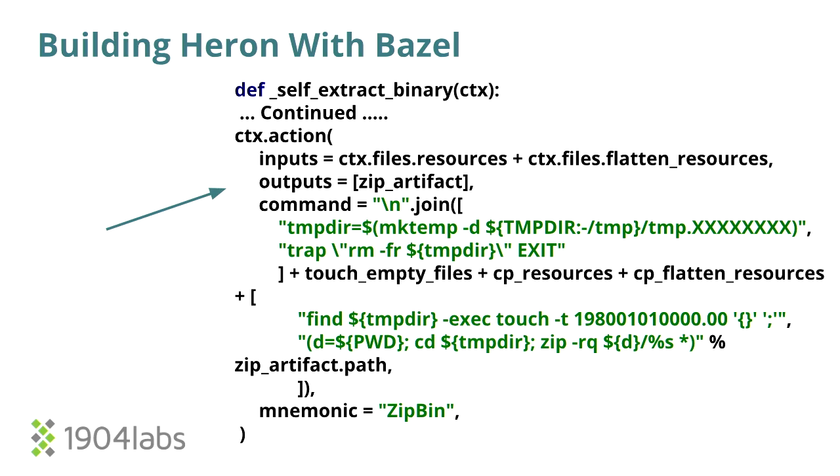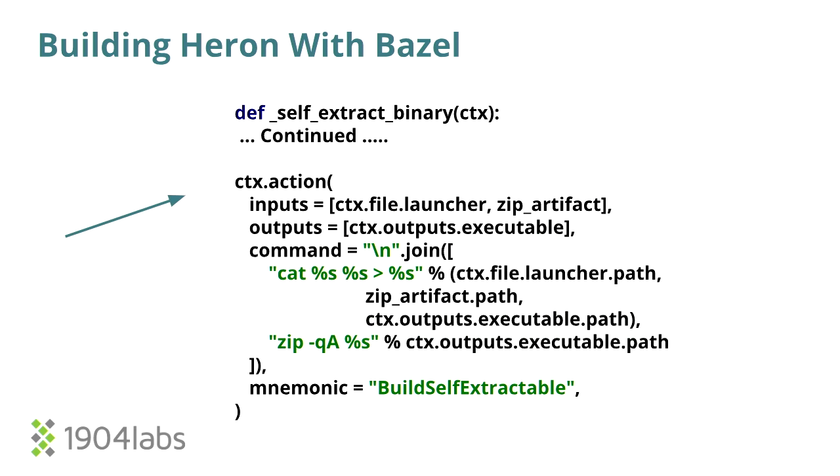Then in the first action, after it goes through and does a bunch of bash, it's going to output this into a zip artifact target, or zip_artifact output, which can then be referenced from another action, which then cats all those contents out of the launcher script and all the binary from that tar.gz file into one self-extractable install script.